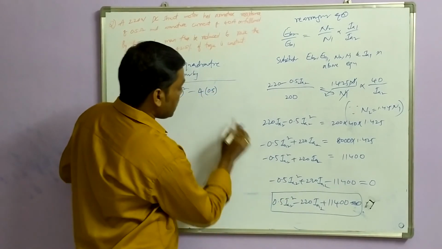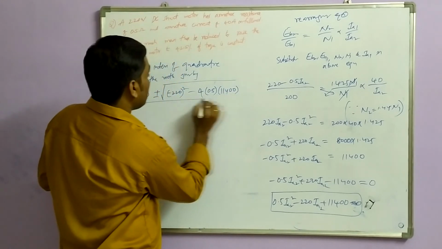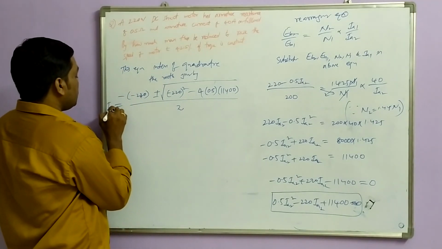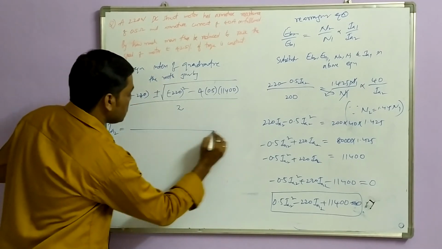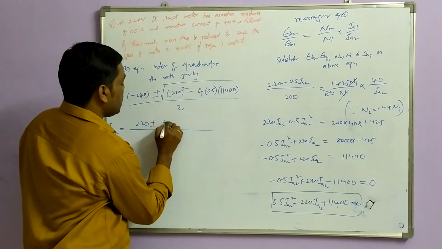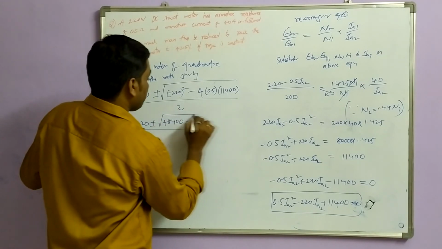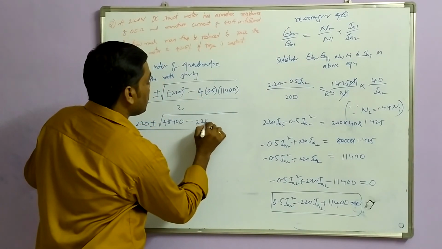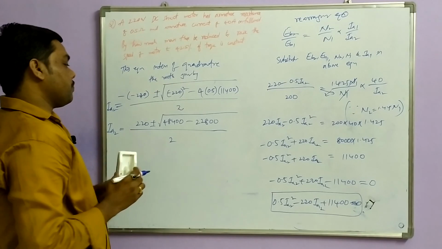It is 0.5, and c is 11400, divided by 2a. Now this is equal to IA2. So IA2 is equal to 220 plus or minus the root of 220 square, which is 48400, minus 22800, divided by 2.